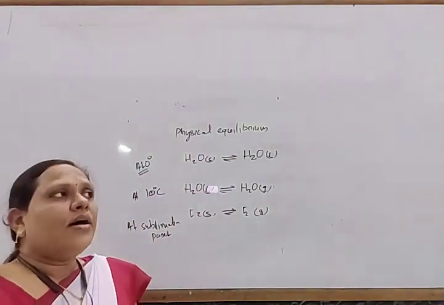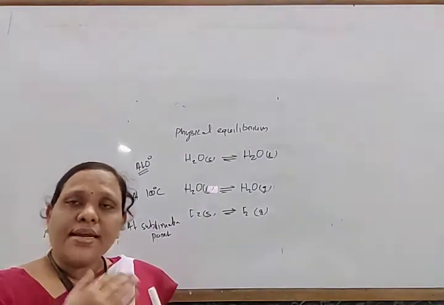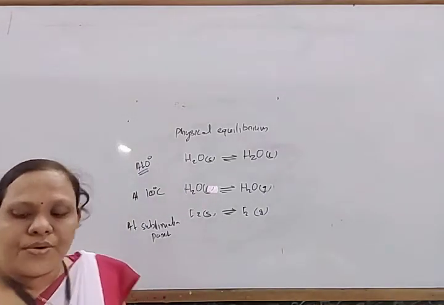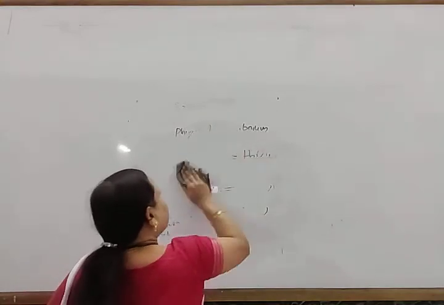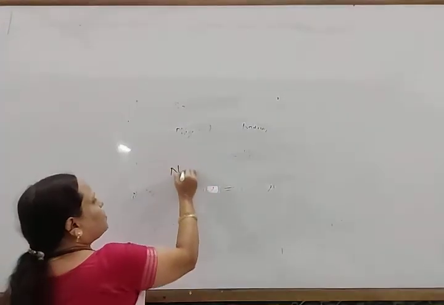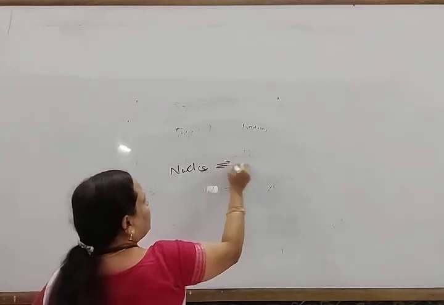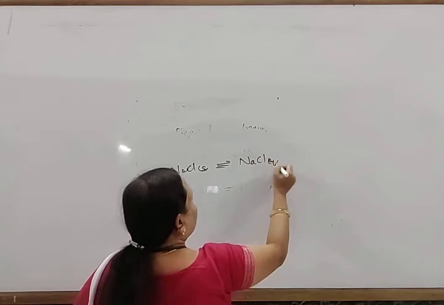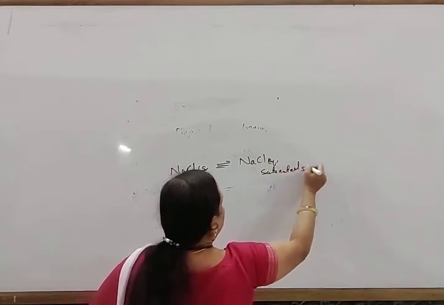Similarly, a salt in a saturated solution, in its saturated state, is in equilibrium with its solid salt. Okay, for example, you can say like this, look here, sodium chloride solid is in equilibrium with sodium chloride aqueous at saturated state.